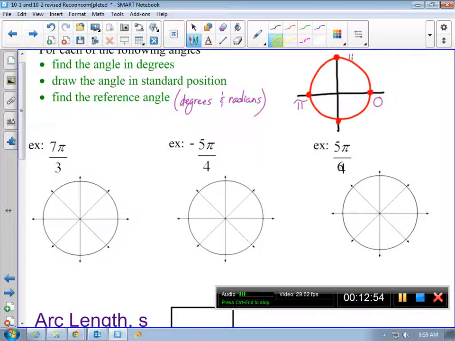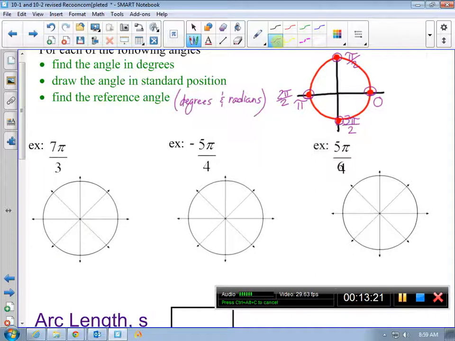Halfway is pi over 2, which was 90 degrees. And at the bottom we have 3 pi over 2. You could think of this as 0 pi over 2, 1 pi over 2, 2 pi over 2, and 3 pi over 2, if you'd like. Then everything's over 2.